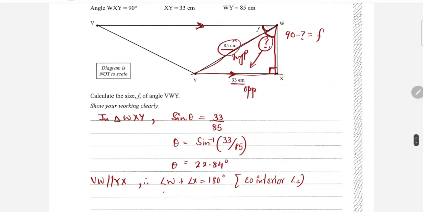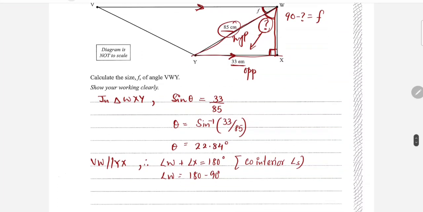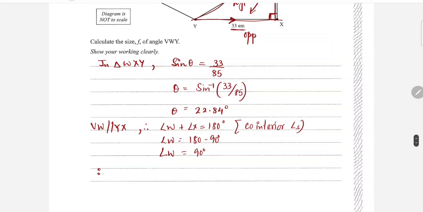Angle X is 90 degrees, they have given us that, so angle W is equal to 180 minus 90, which is 90 degrees. Therefore, F is equal to 90 minus theta, which is 90 minus 22.84. Let's see what that is. So 90 minus 22.84 is 67.16 degrees.